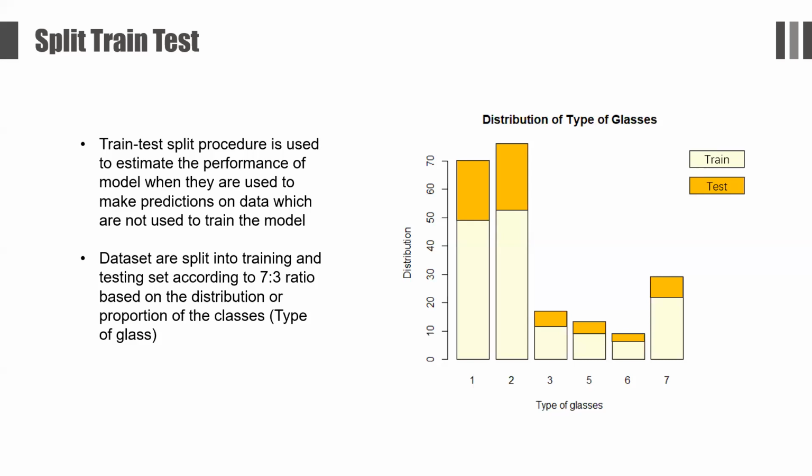As shown in the right figure, 30% of each group, represented by dark yellow, is randomly selected as the testing set, and 70% of each group, represented as light yellow, is randomly selected as the training set.